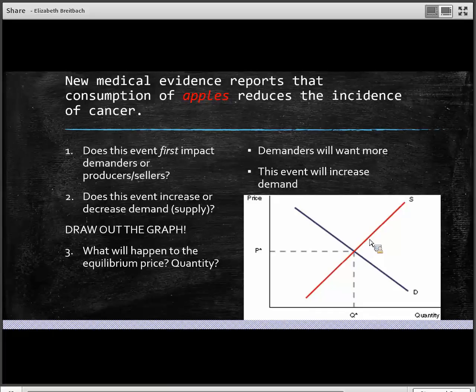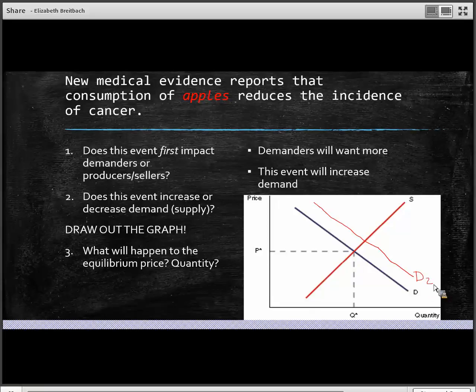And so what we're going to see happen in our economy is we're going to see that demand curve shift to the right. And now we have a new demand curve that's demand 2. Okay, so now we have a new demand curve, demand 2, that we're going to experience. And we can forget about that old demand curve.